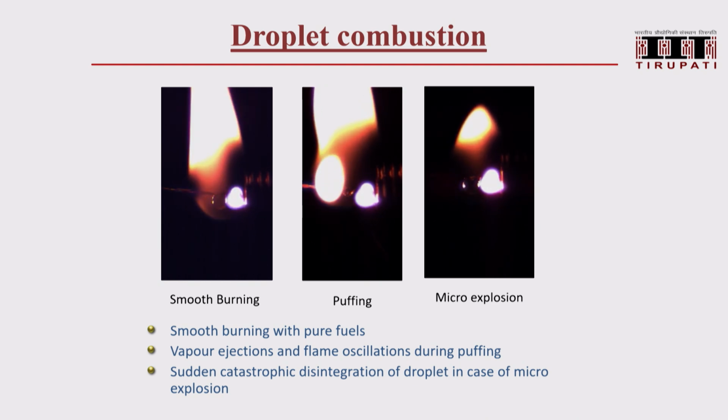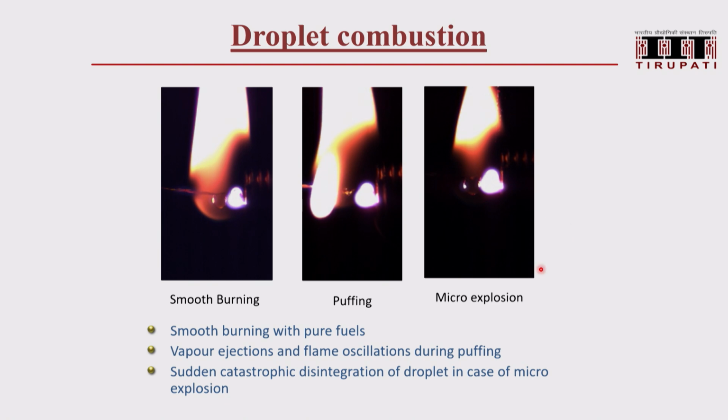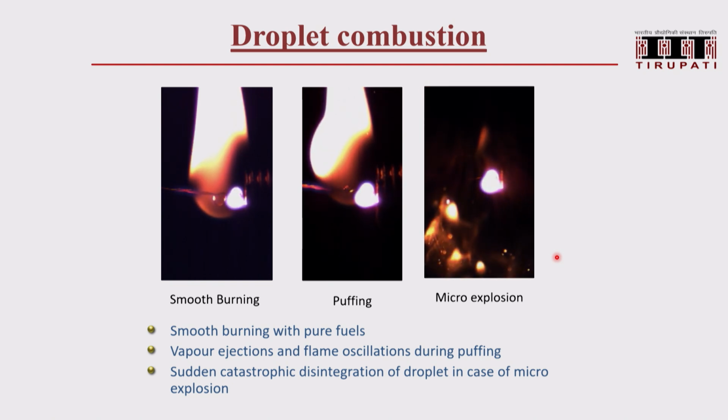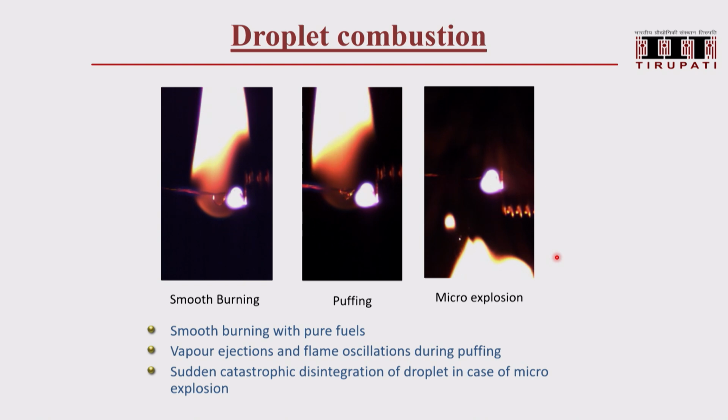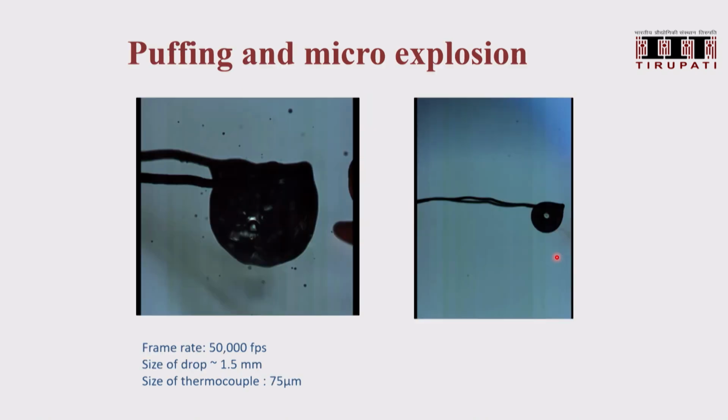Now, if I want to see what is really happening up close, first I need to record at high speed, and then I have to illuminate in such a way that it will overpower the flame. Otherwise the flame will block what is happening. You don't want to see the flame, you want to see what is happening inside. So you use a really high intensity light.